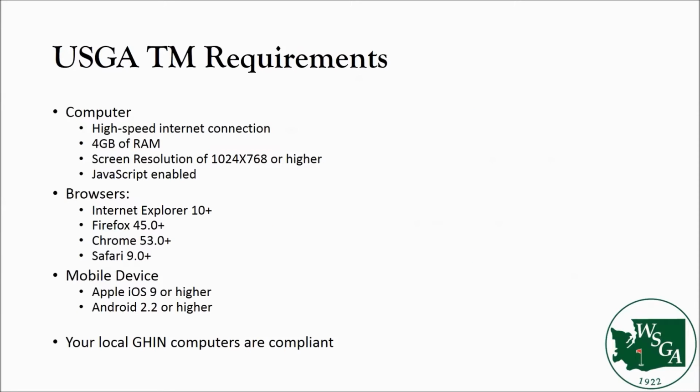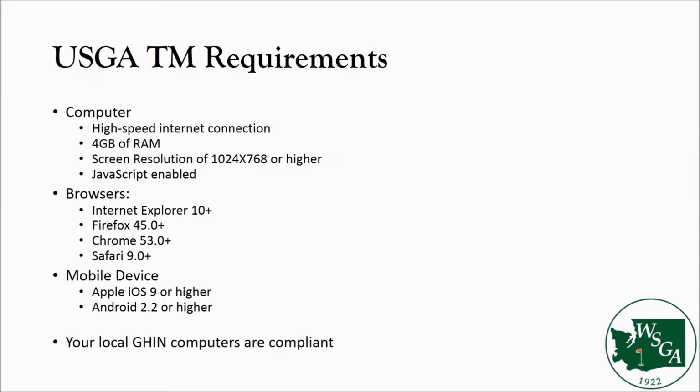All right, the new TM requirements. As you can see here, for most of you that have a computer today, I don't think these requirements are going to be hard to meet. Most of this is stuff that people probably have on their computer already. We just wanted to call out that it is available across all the browsers: Internet Explorer, Firefox, Chrome, Safari, even on mobile devices.